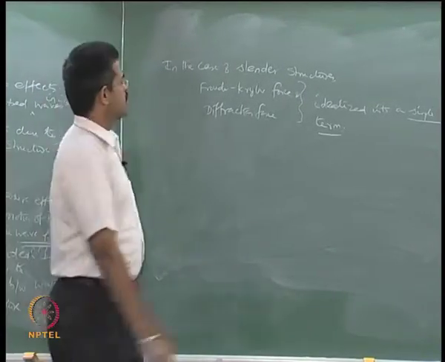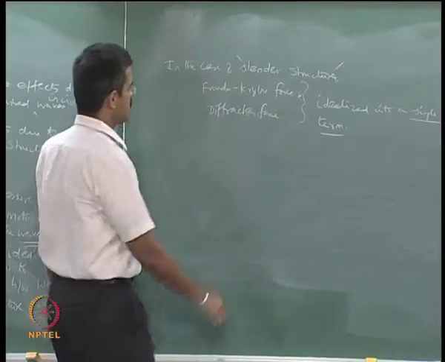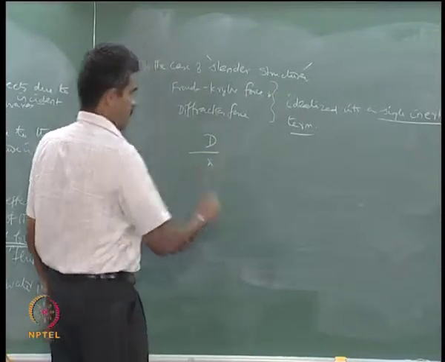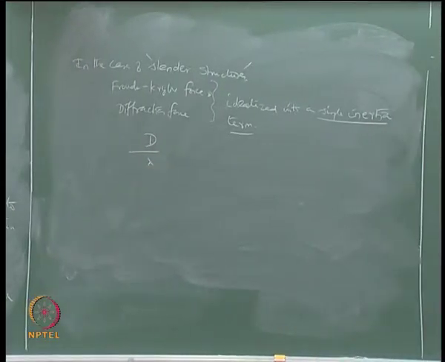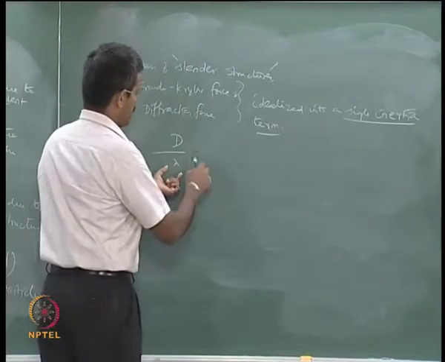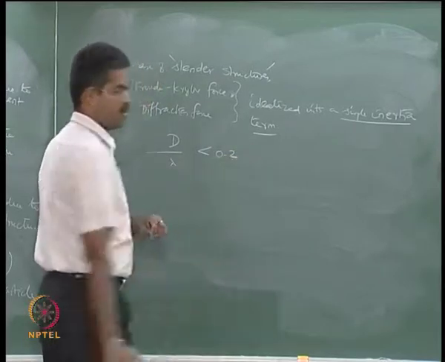The moment I say the structure is slender, then I should say that the diameter of the member to the wavelength, then point.